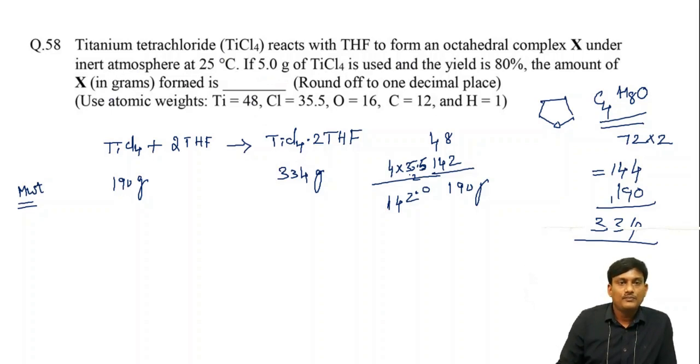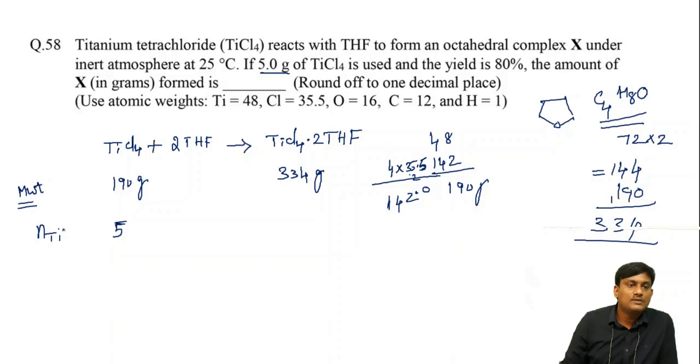Here, how many grams of TiCl4 react? 5 gram of TiCl4. Okay, 5 grams means how many moles? Number of moles of TiCl4 is 5 by 190.